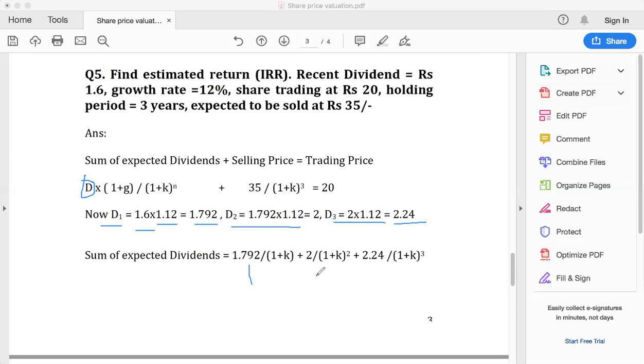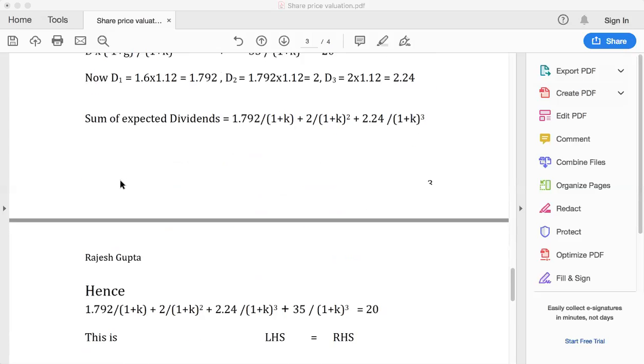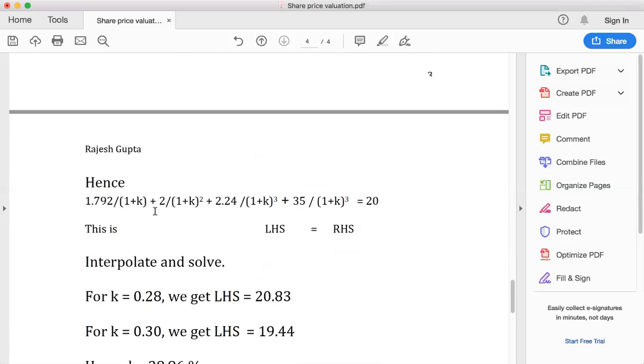So you can just plug in, you can discount all these D1, D2, D3, and k is something which is not known to us yet, right? And next, you add this value to the present value of capital gain, which should be equal to 20. Now what should happen? This left hand side should be equal to the right hand side.